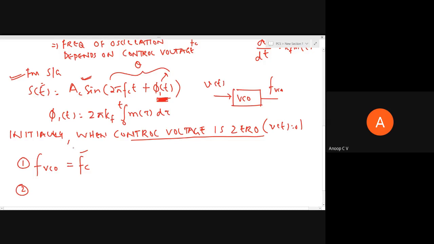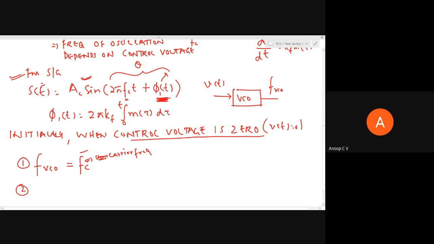The second assumption is that the VCO output has a 90-degree phase shift with respect to the unmodulated carrier frequency. What is this FC? FC is nothing but the unmodulated or carrier frequency. When the carrier is not modulated, what is the frequency? That is the unmodulated carrier frequency.